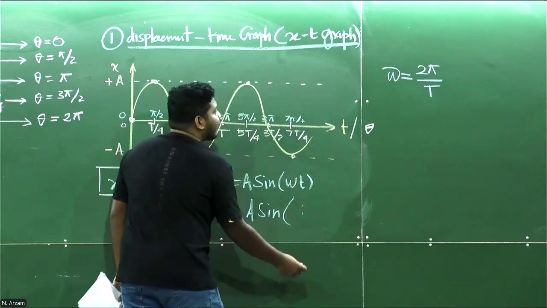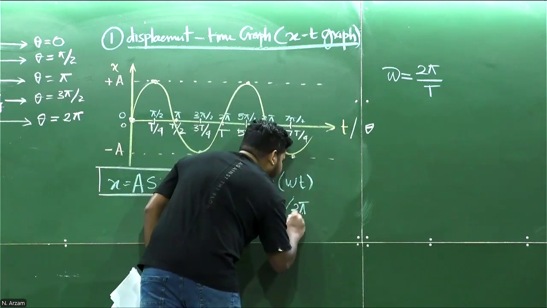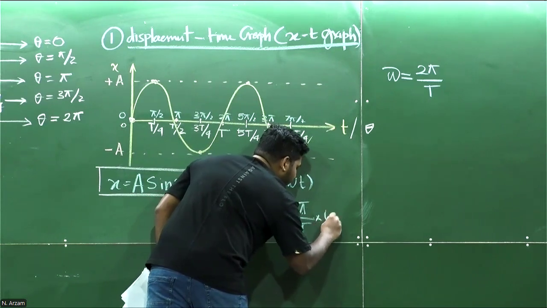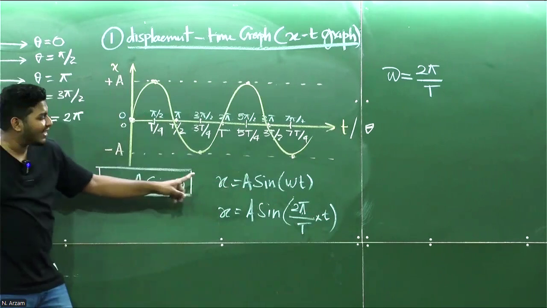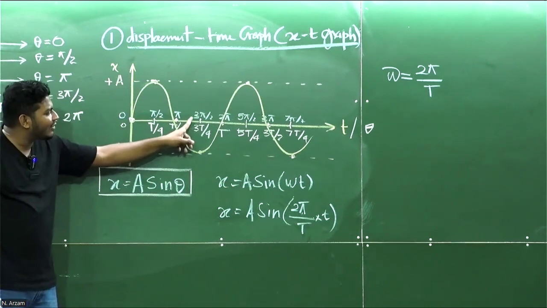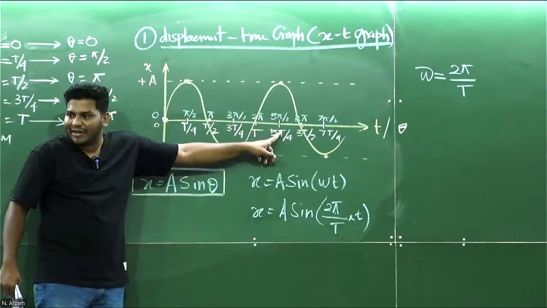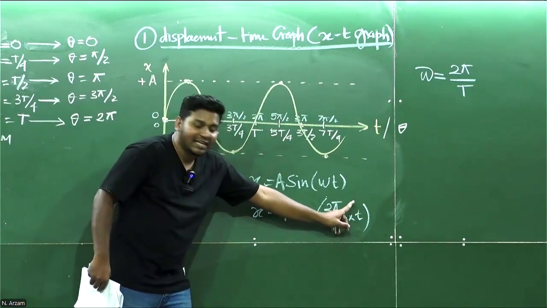For the omega, we can substitute 2 pi over capital T into small t. For the small t value, we substitute t by 4, t by 2, 3t by 4, t, 5t by 4.